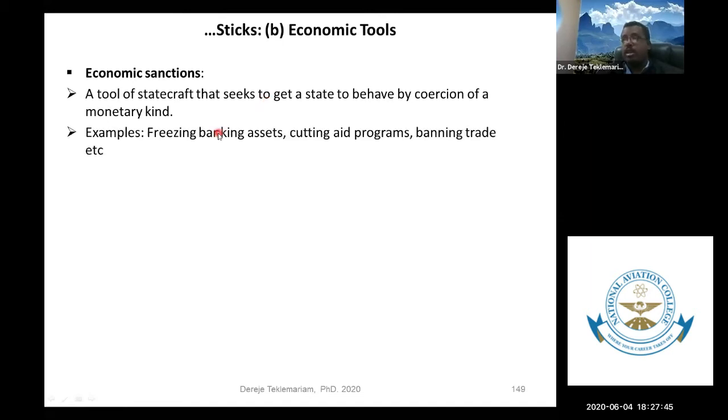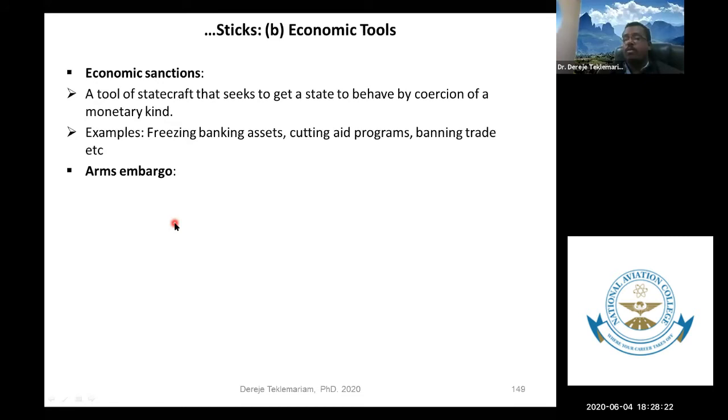This may include freezing banking assets, some of the banks in a country, let's say Ethiopia, or the money of some influential, rich persons somewhere, forcing freezes, even cutting aid programs or support programs, even banning trade agreements. These can be some of the sticks that countries use in their foreign policy in the form of economic sanctions.